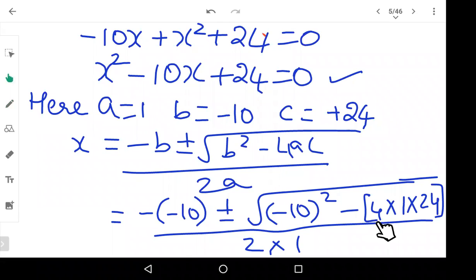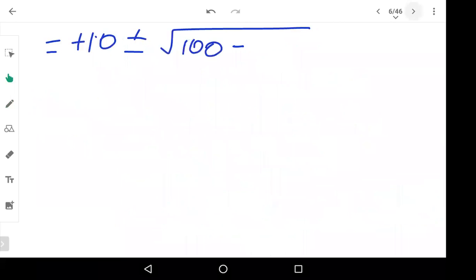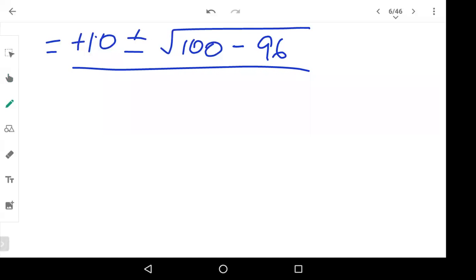So 24 into 4 is 96. Divided by 2 into 1 is 2.